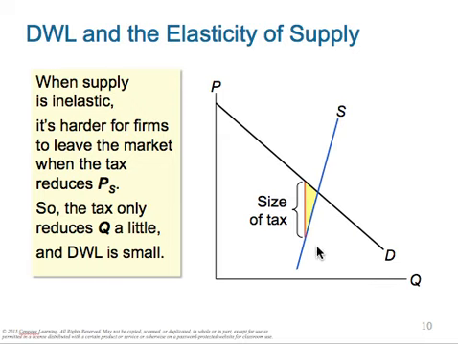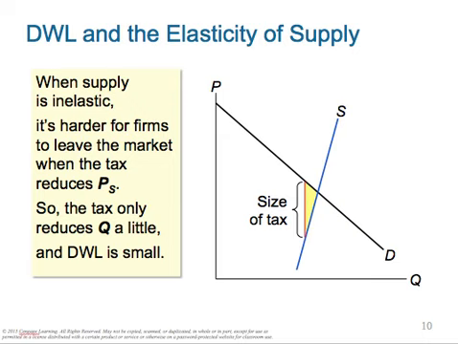You can see here originally we had a quantity where they intersect, and we're moving back to this quantity supplied. There's very little distance between those two. So the tax only reduces quantity a little, and the deadweight loss is small. There's a smaller response by sellers when their supply is inelastic.